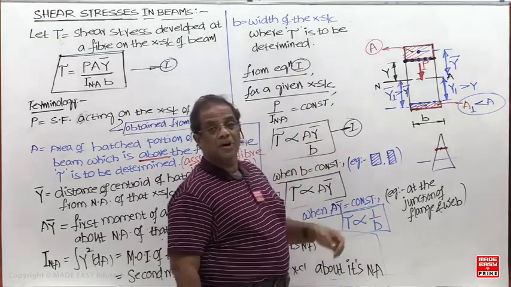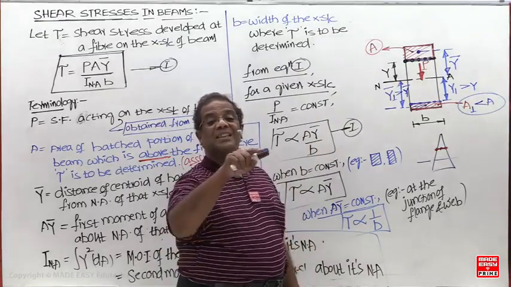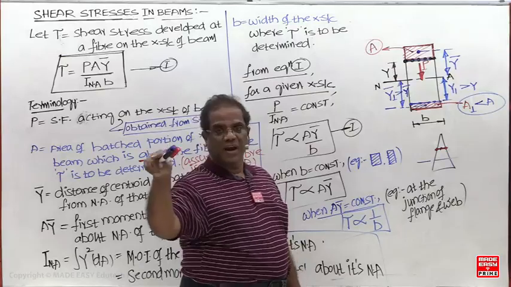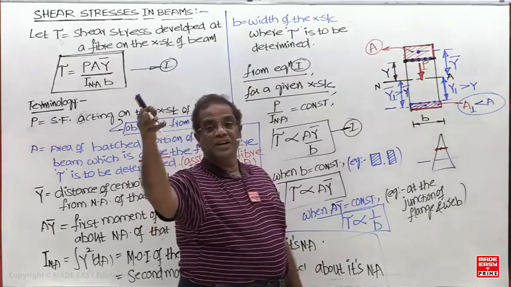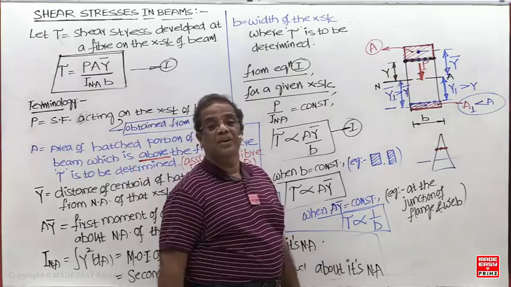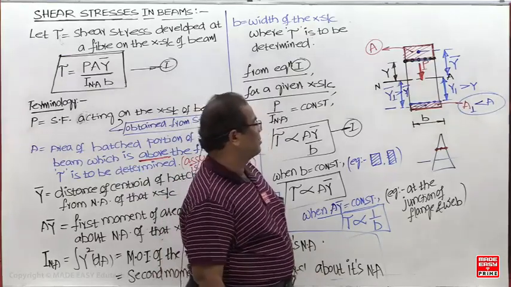So what is the aim of this topic now? We have to derive a generalized equation for the shear stress at a fiber. Once you know the shear stress at a fiber, if you can differentiate and equate to 0, you can find out where the shear stress is maximum.